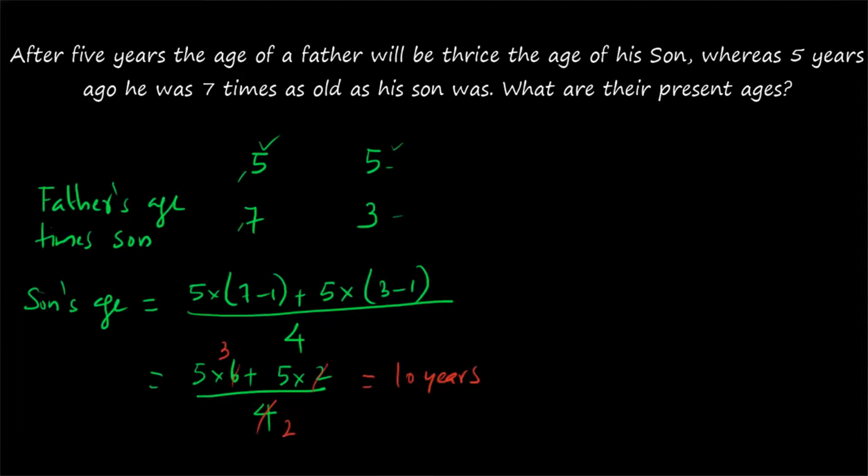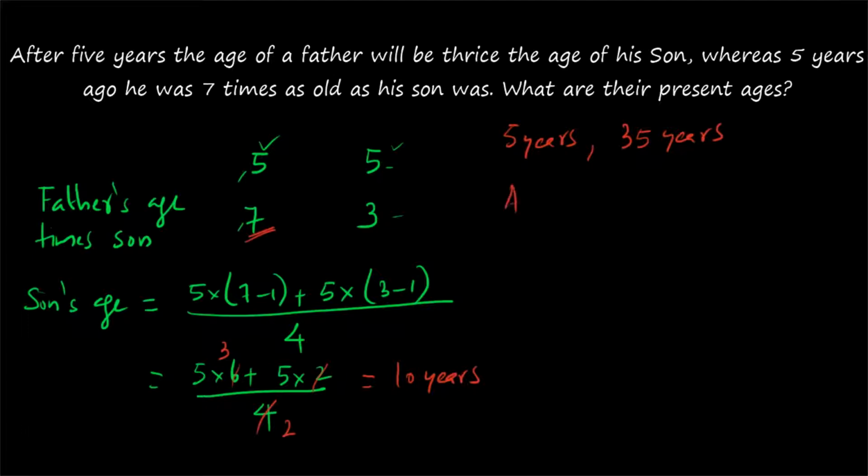Now you have to find out the father's age. So 5 years ago the son's age was 10 minus 5 is equal to 5 years, and 5 years ago the father was 7 times the son's age. Five years ago means you have to take the son's age 5 years ago and the father's age 5 years ago. At that time the relation was 7 times. So 5 years ago the father's age is equal to 35 years.